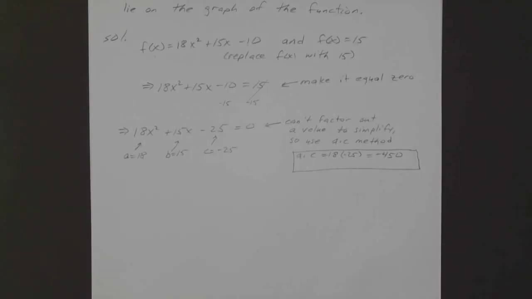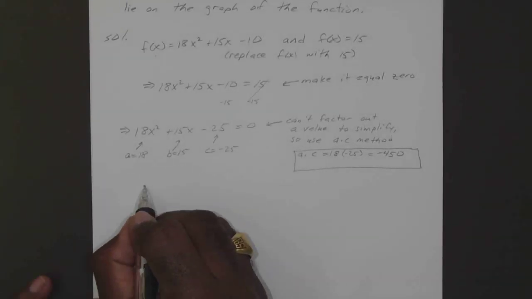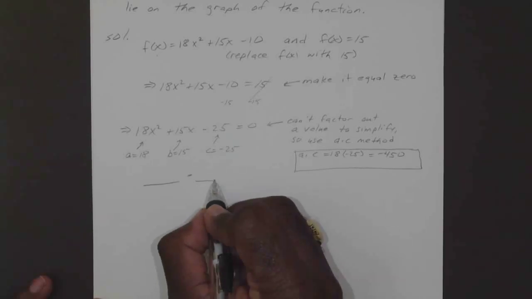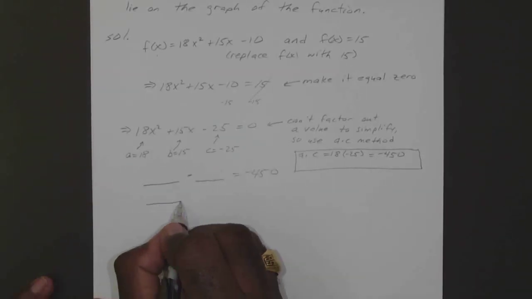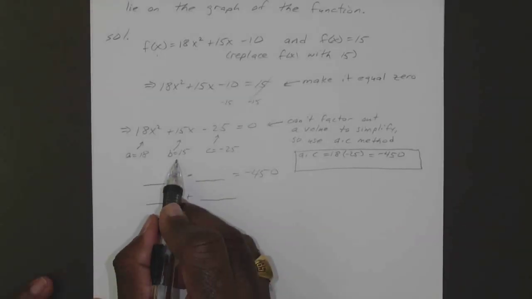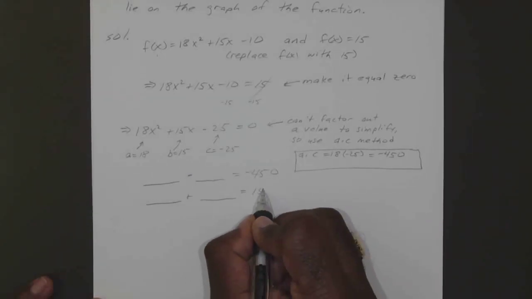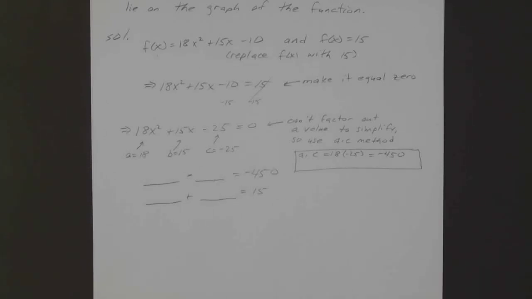Okay. So we have to find 2 numbers that multiply to equal negative 450, and those same 2 numbers have to add to equal your B, which is 15. And with a little bit of trial and error, you actually can end up with 30 and 15.